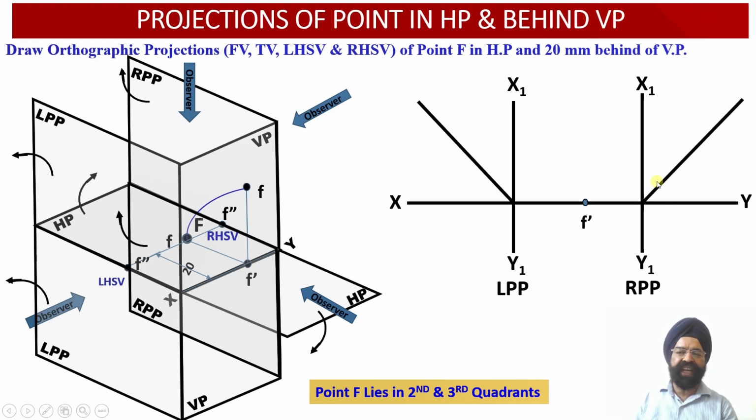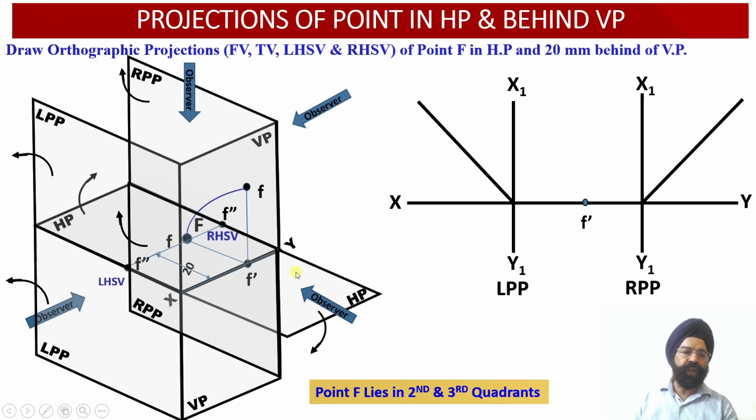Similarly, towards the right side also we have obtained another transfer line corresponding to the intersection of the XY reference line and the X1 Y1 reference line corresponding to the right profile plane. Once again, this transfer line is inclined at an angle of 45 degrees with respect to the XY reference line, and again we are going to transfer this distance of 20 millimeter from the vertical plane into the profile plane using this transfer line.